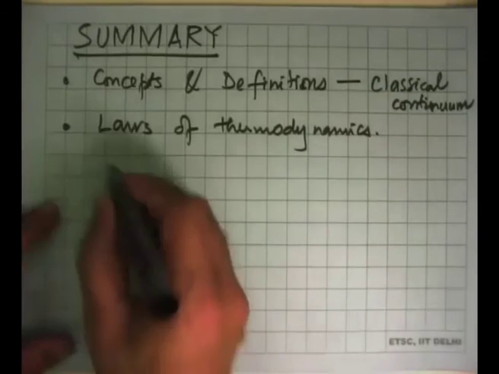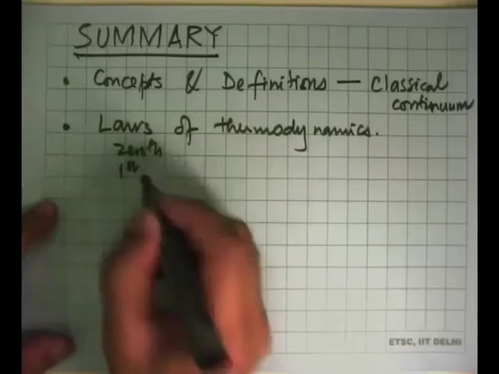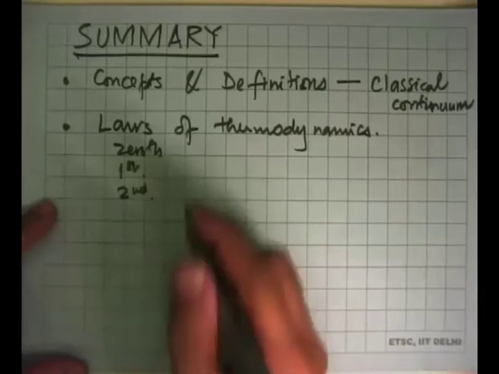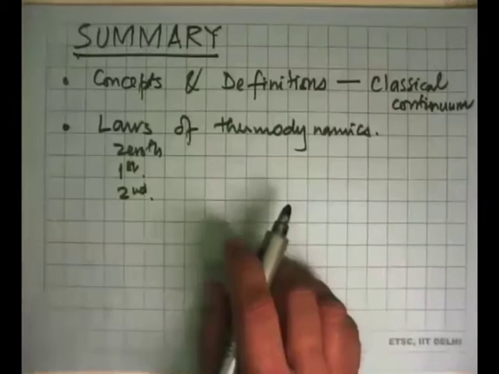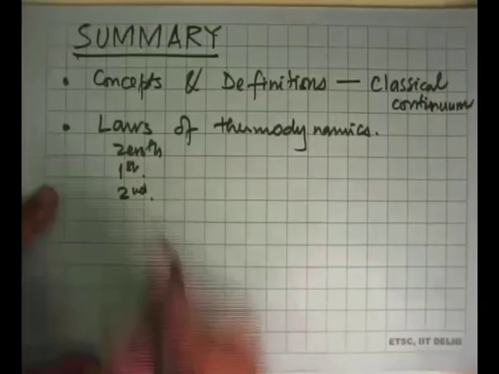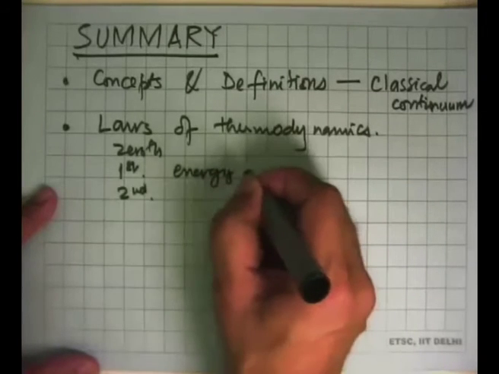Laws of thermodynamics: the zeroth law, the first law, which is conservation of energy, the second law. The zeroth law just told us about the concept of equilibrium, or temperatures being the same. The first law told us what we mean by conservation of energy.